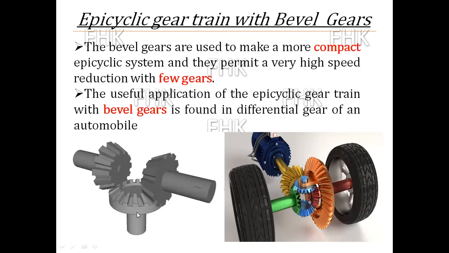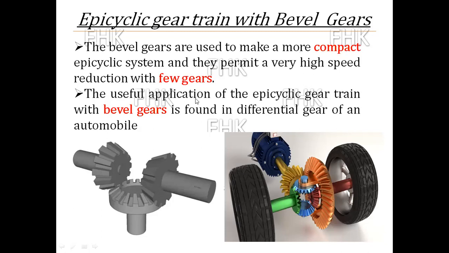Whenever you have to transmit power or motion through 90 degrees, bevel gears are used in the application. Bevel gears are used to make a more compact epicyclic system, and they permit a very high speed reduction with few gears.